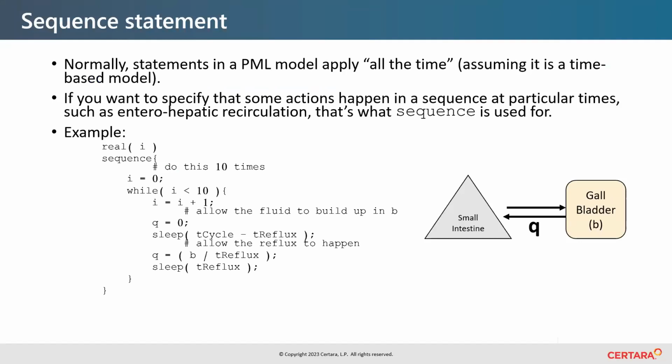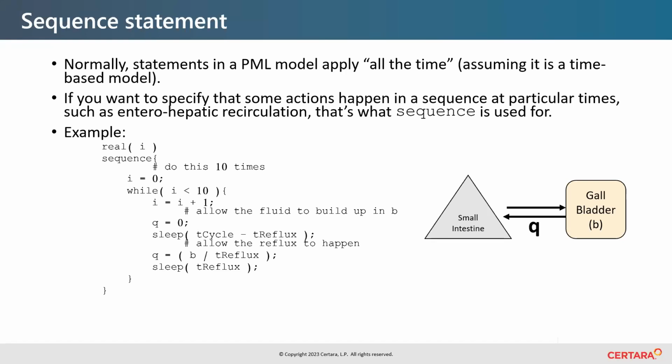Normally, statements in a PML model apply all the time. In other words, if you have a differential equation, it applies to all points in time. And if you have statements saying that you have a structural parameter, especially if it's a function of subject covariates like weight and age, and whether or not somebody is a smoker, those statements are true all the time, assuming it's a time-based model.